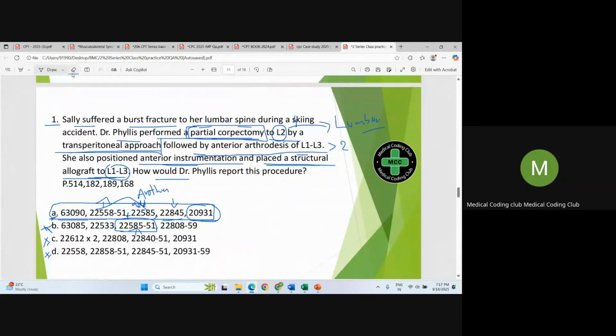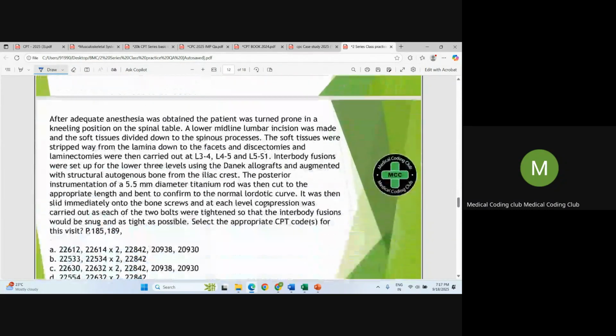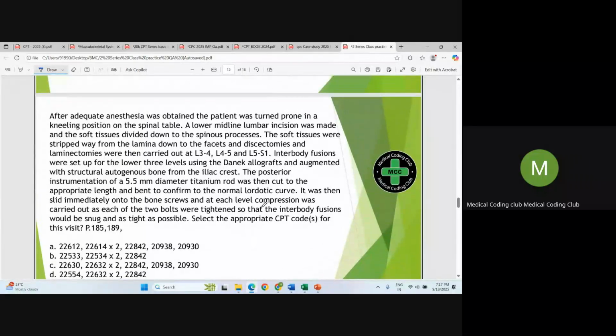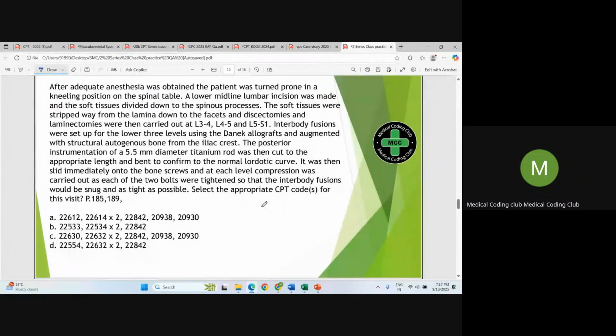So whoever has not given an answer, please take your time and navigate the codes. You will also be able to understand and give your answer. Okay, so next question, another case study. So here there is no decompression, which is other than decompression.